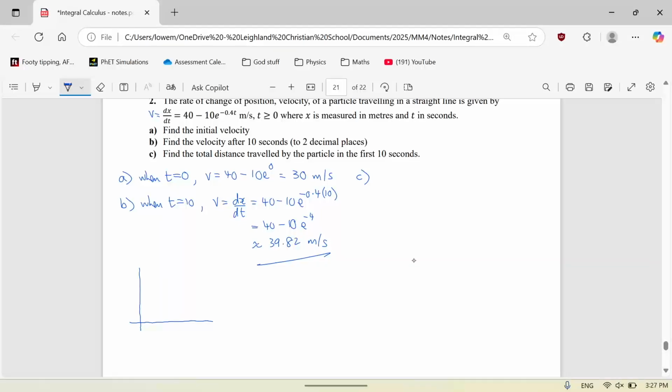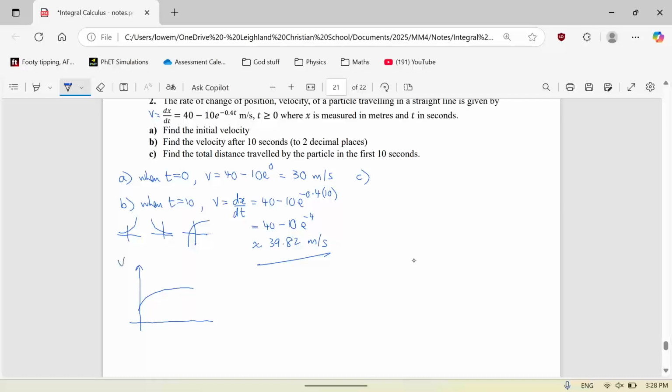Normally our exponential curve goes like that, but a reflection in the y would mean that it looks like that, and reflected in the x as well as the y means that it's going to be like this, and because it's translated up 40 units, it's going to be up here. So between 0 and 10 seconds it's going to look like this.